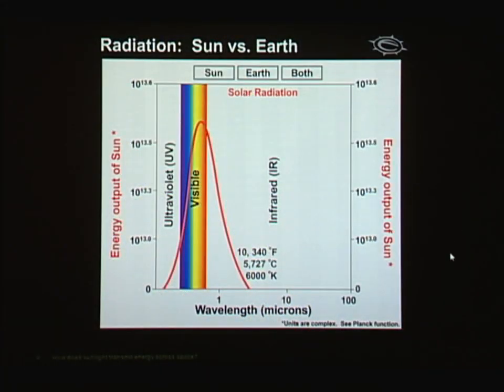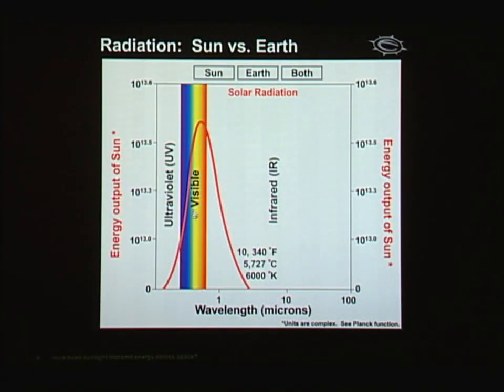So what does the sun emit out of that whole possible spectrum? Not all things emit the full spectrum. The sun is emitting things that are in the wavelength right here, between right there and right there, that have a wavelength around 1 micron.